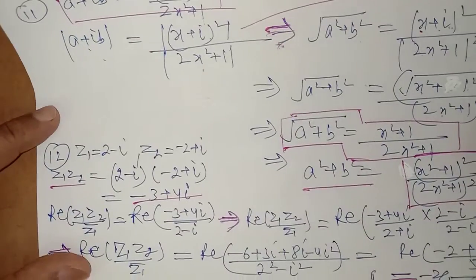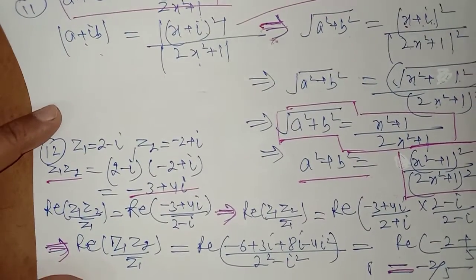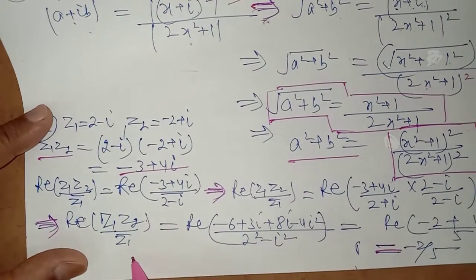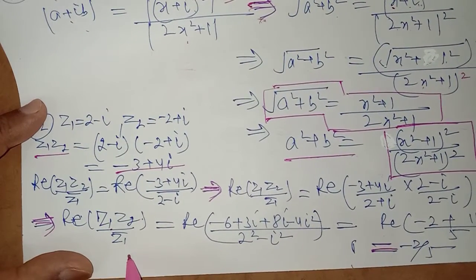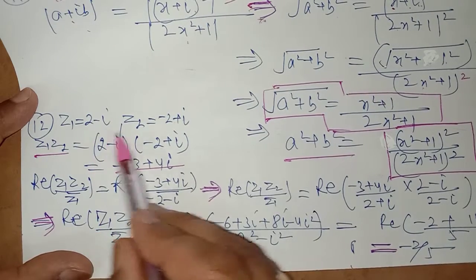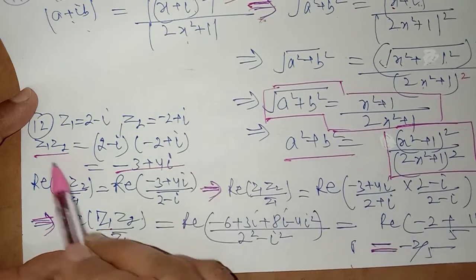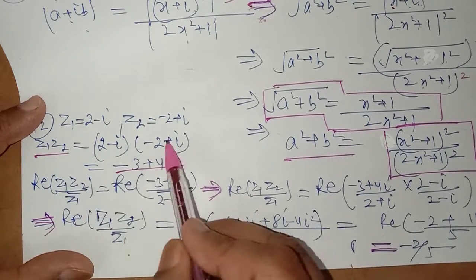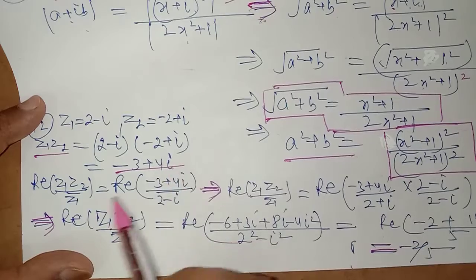Now question number 12, you have to find the value of the real part of z1 into z2 upon conjugate of z1. The values of z1 and z2 are given in the question. First of all find z1 into z2, because we need this in the numerator. So z1 into z2 we are getting minus 3 plus 4i.